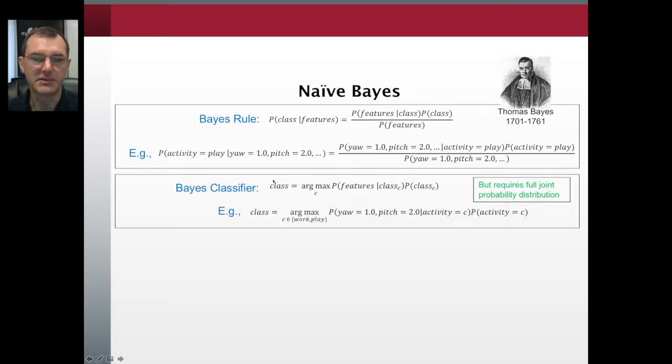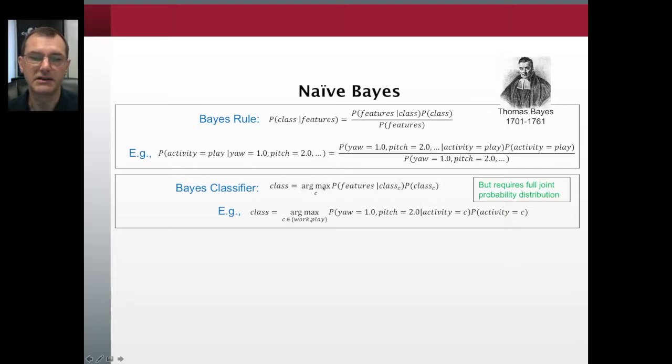So essentially that comes down to computing the numerator of this probability over all possible classes, and whichever one gives us the largest value, that's the class we predict. We aren't computing the denominator because the denominator is the same no matter which class we are computing.